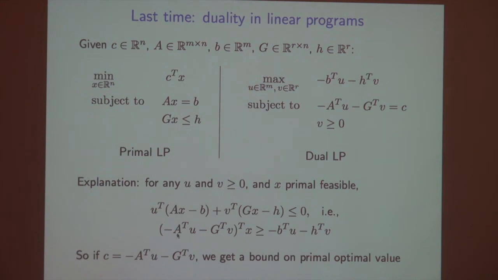So we said that if we could make c minus A transpose u minus G transpose v equal to 0, which we do in this constraint, and if we restrict v to be non-negative, then this serves as a lower bound on the primal criterion. And to get the tightest lower bound possible, we maximize over all choices of u and v, and that's how we formed this dual linear program.